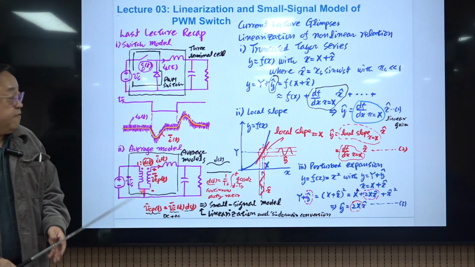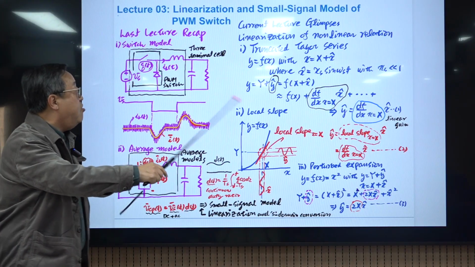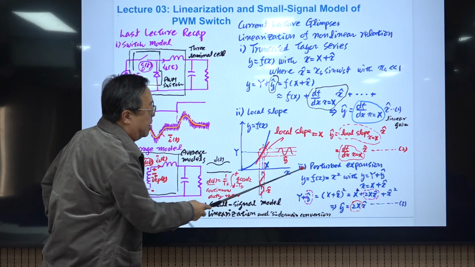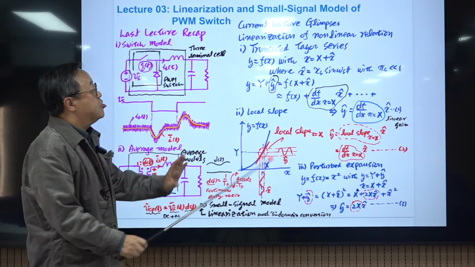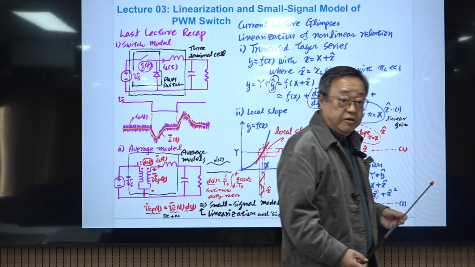Then we will discuss the engineering details and the theoretical discussions, and the equivalence and the difference between them will be addressed.